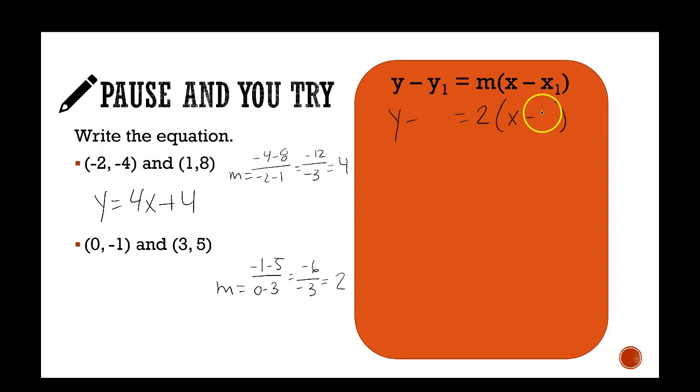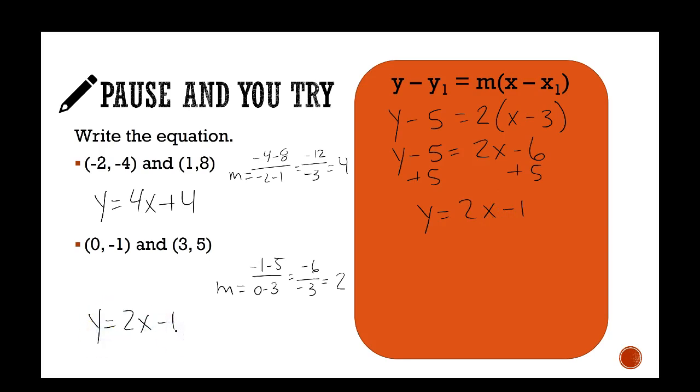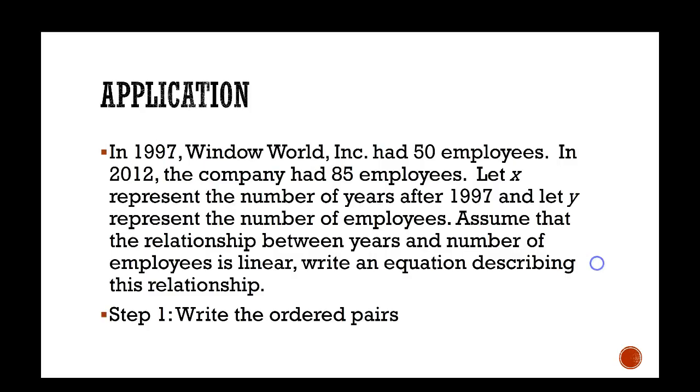So 3 is your x, 5 is your y. And again, my preference of using this point does not have to be your preference. So if you use something different, that's fine. Add the 5. Either way, you should come up with this exact same equation for this line, and that'd be negative 1. And that's what we get for the last example. Good, very good.